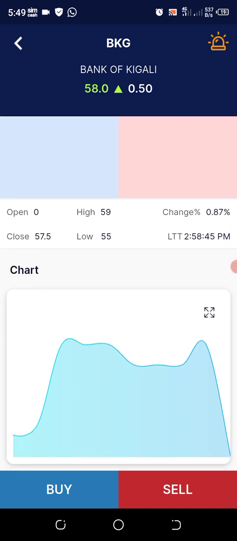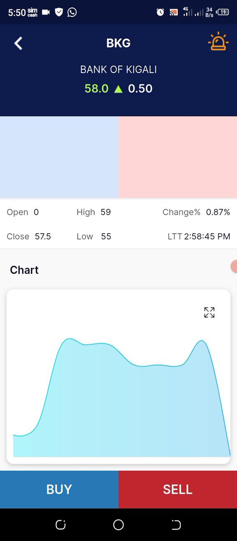Now let us come to this point where we have pricing and how the prices move. You can see open price, closing price, the high and the low. When we are talking about the low price, we are talking about the lowest price that was ever traded at during that particular trading day.